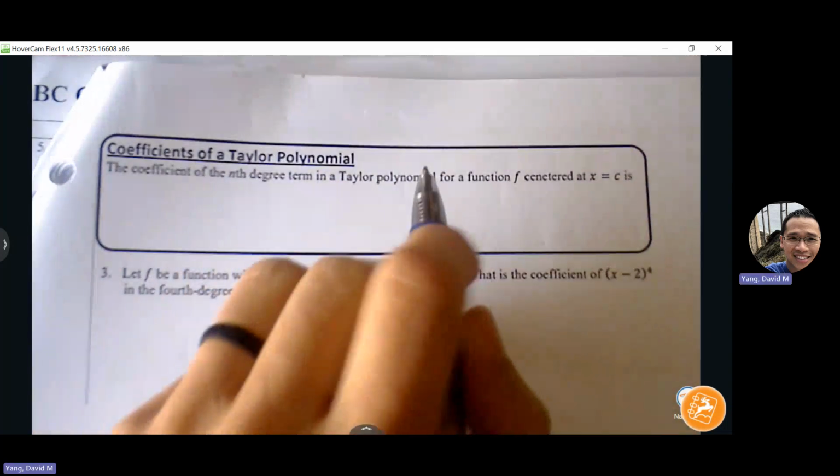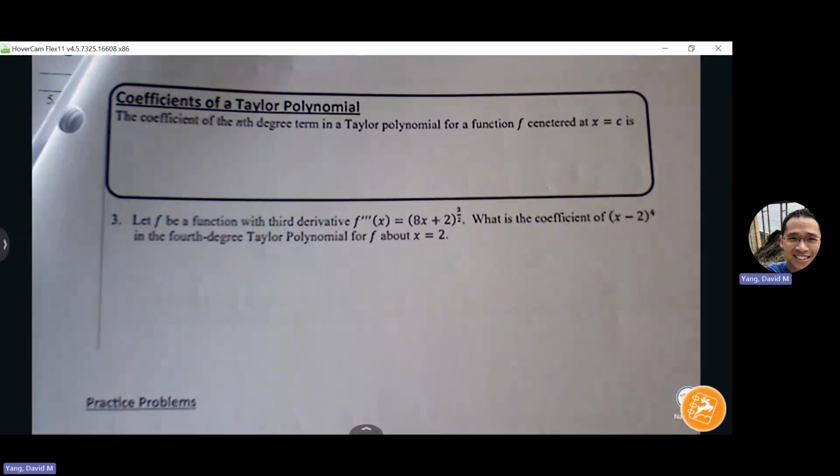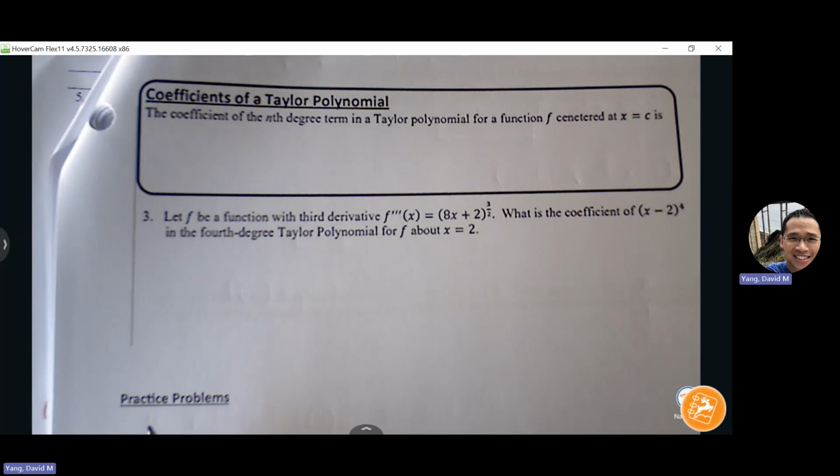Okay, so your Taylor polynomial, the whole idea is that we're gathering information from the function to put into the polynomial so that we can create something that mimics the curve, whether it's the exponential function e to the x, or cosine, or sine, or natural log.